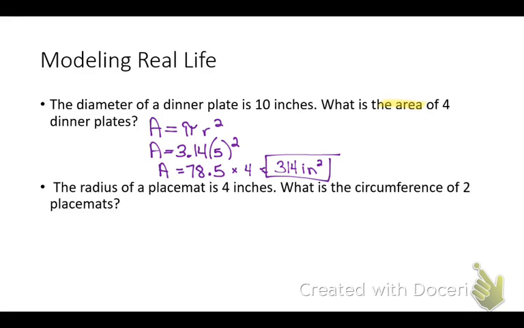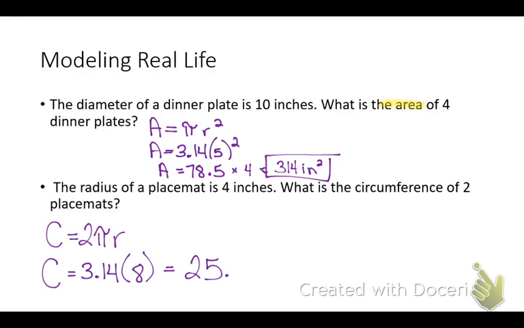Now on the next one it says the radius of a placemat, like on a table, is 4 inches. What is the circumference of 2 placemats? Well, I used 2 pi r. Circumference equals 2 pi r. So what does that mean? Double the radius, which is 8. So 3.14 times 8 gives me 25.12.